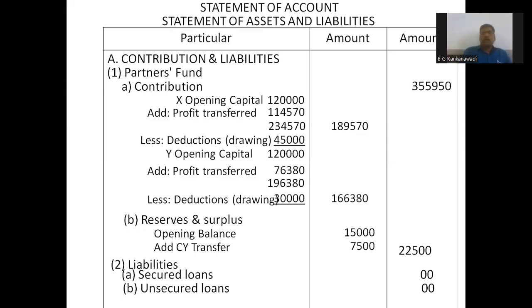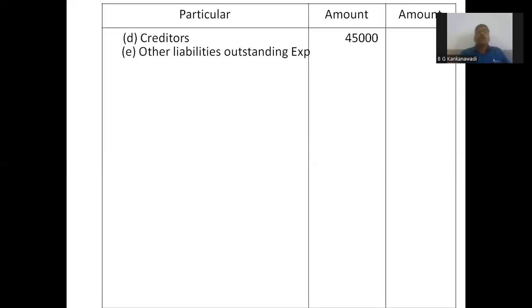Then liabilities. Under liability, first, secured loan nil. Unsecured loan is also nil, not given in the problem. Third is short-term borrowing, that is also not given in the problem. Then creditors are there, you write the creditors 45,000. Other liabilities, under other liabilities, you write two items. One is outstanding salary, another is outstanding office expense.